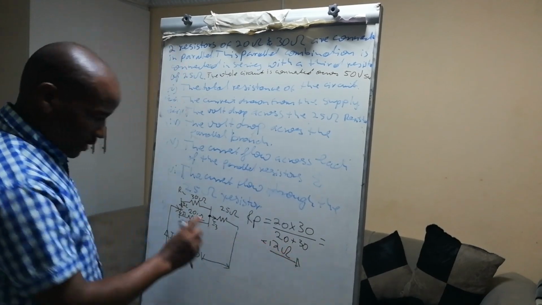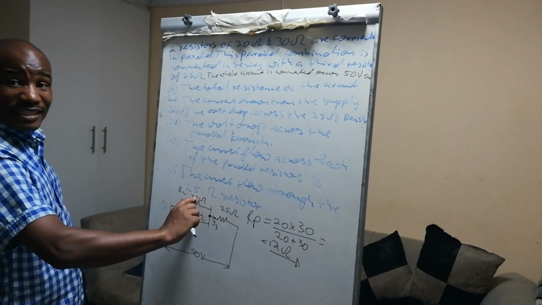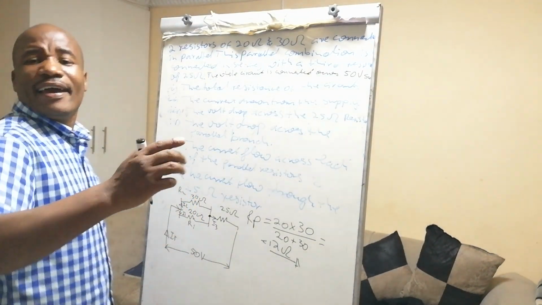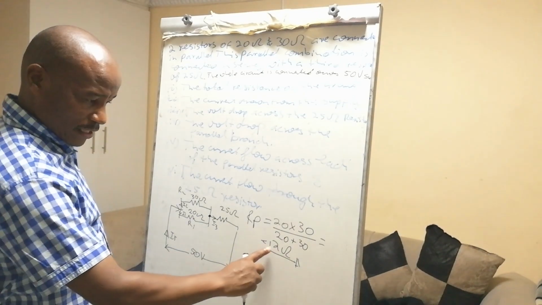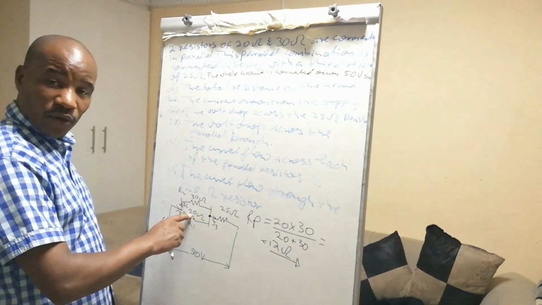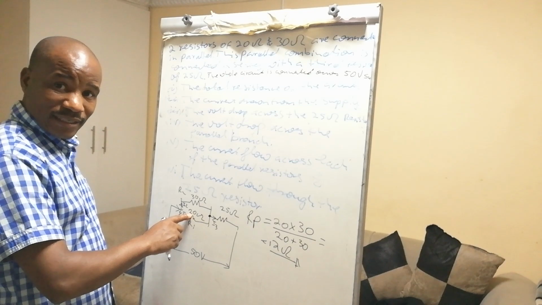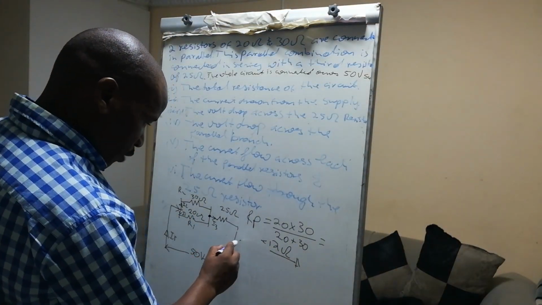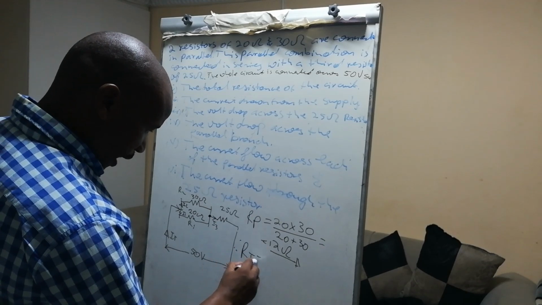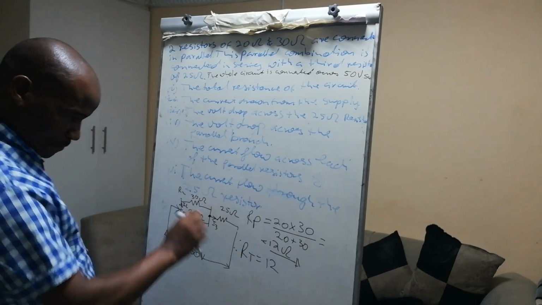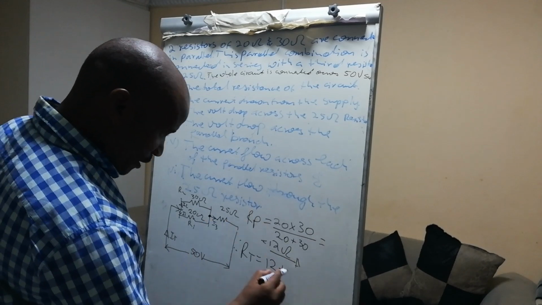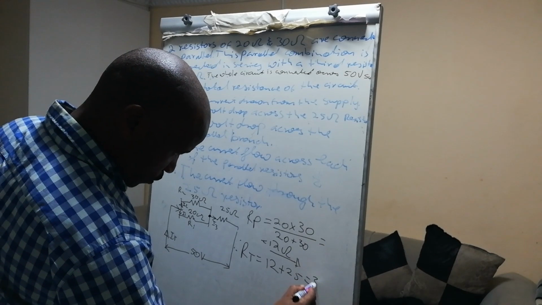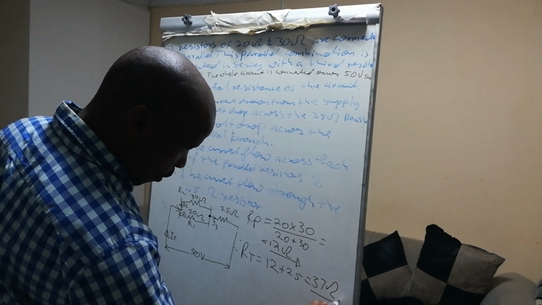This 12 ohm is the total resistance of that parallel branch. And to show that you are right, this 12 ohm is smaller than the smallest resistance there. Now, the total resistance should be 12 plus 25, which is equal to 37 ohm.